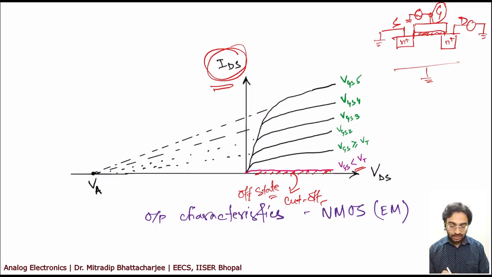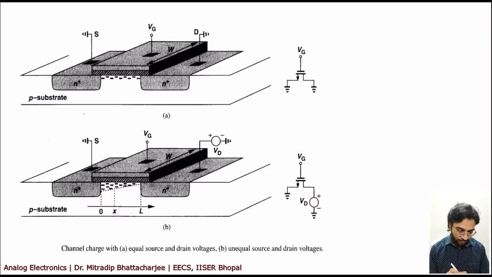Okay, now why is there a very negligible current? Because if you look at the device here, you will find that there are two diodes sitting in this region. So they are just like reverse bias diodes, and for reverse bias diode there is a leakage current.